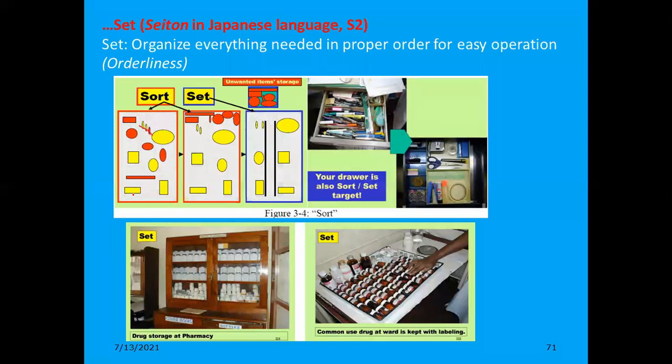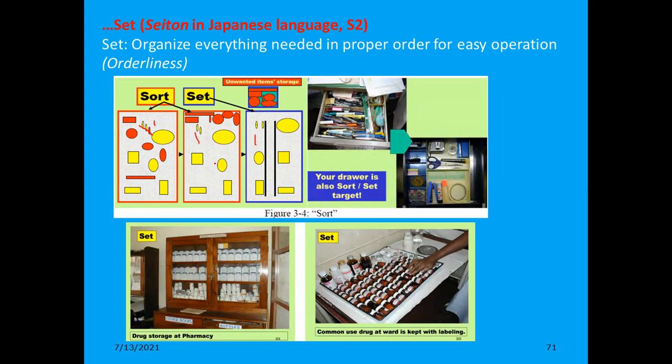Like this you can sort and set machinery equipment or things at home. Your drawer should also be sorted out and maintained very clean and hygienic.